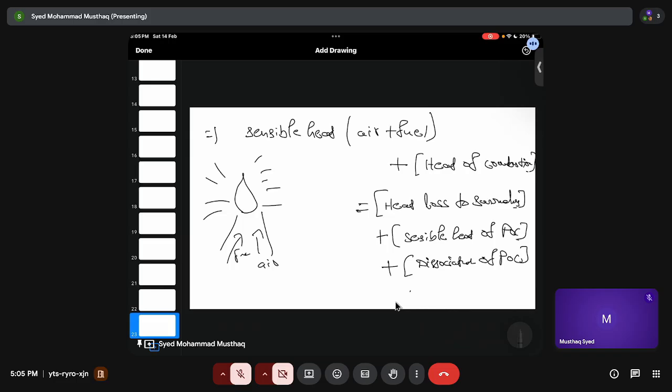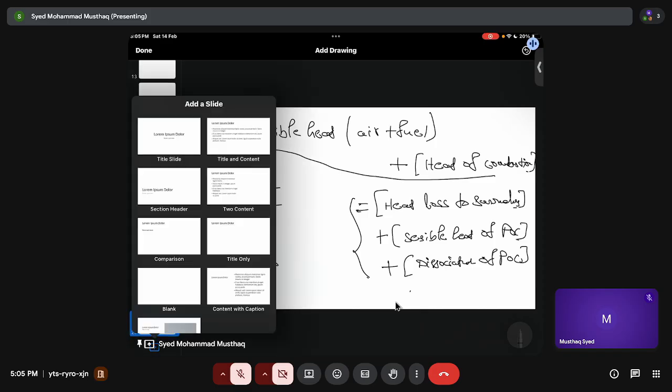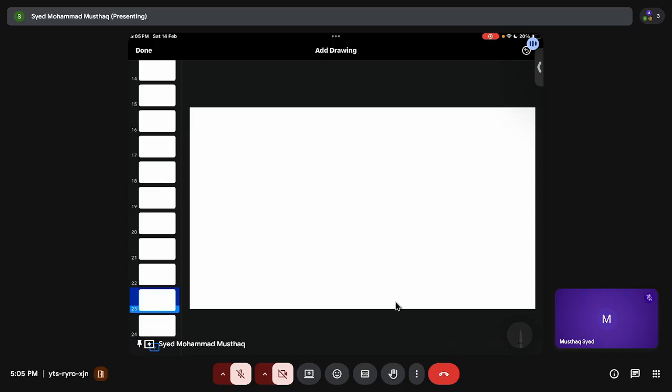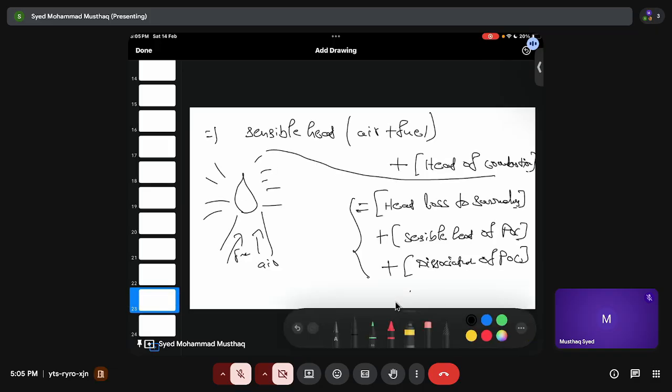So these three will go, and these two will go, and these three will come up. Now this is the exact rule that we should follow, but for assumptions we remove this part, this is an assumption, and this is also removed.